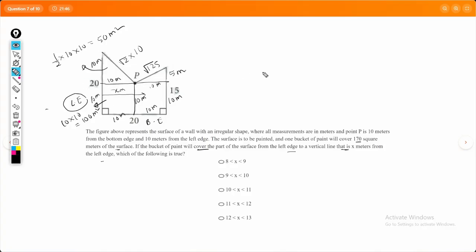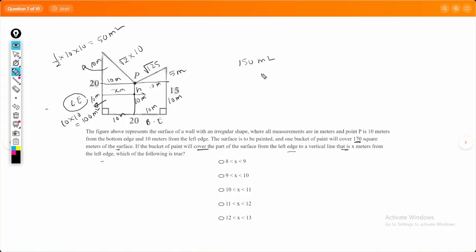If we add up these two values, it will be 150 square meters, but we have to cover 170 square meters. That means we still have to move from this line further, and let's say the distance we will move is going to be h.